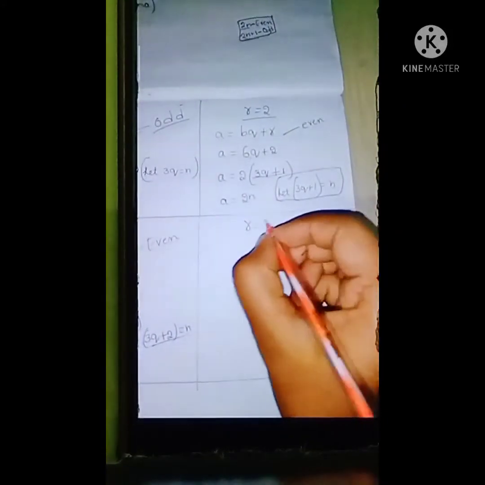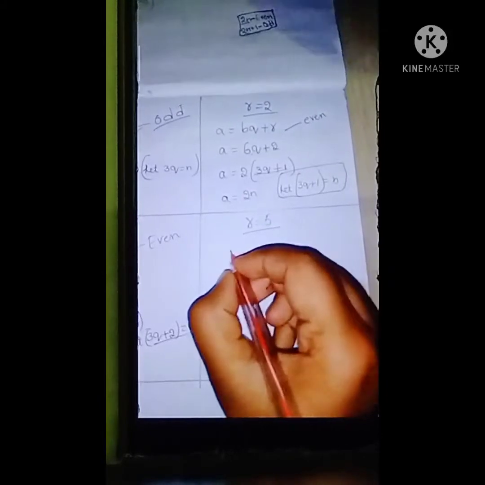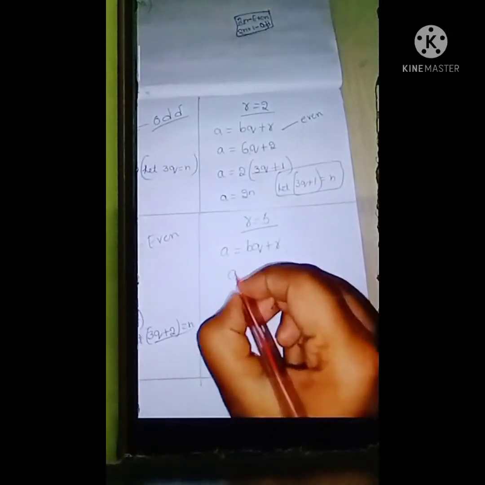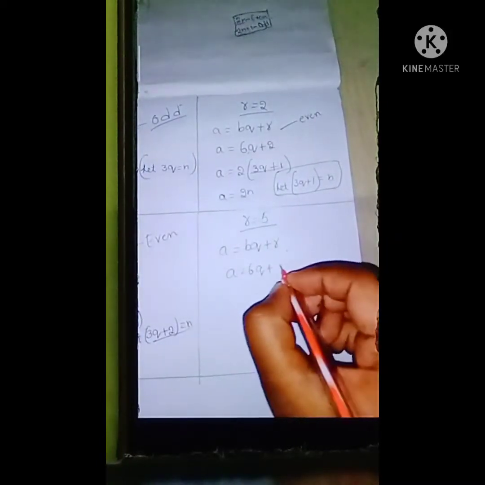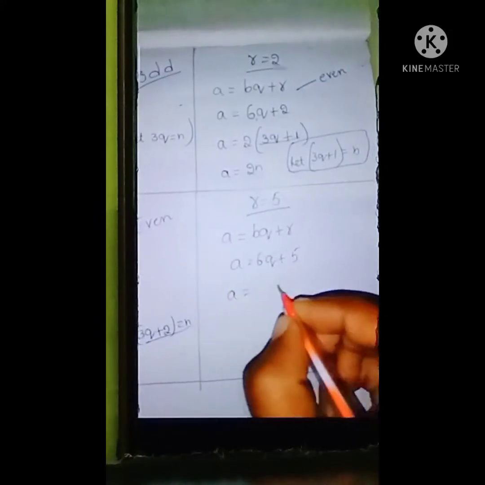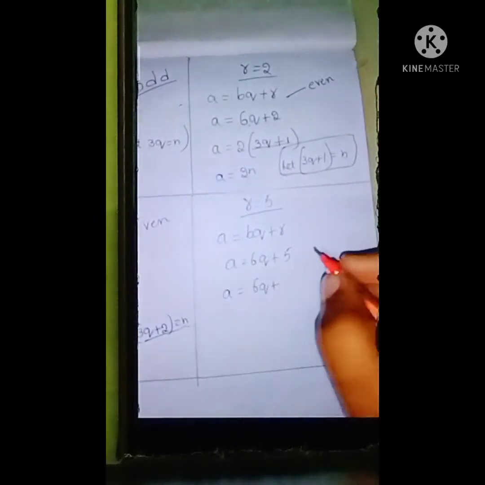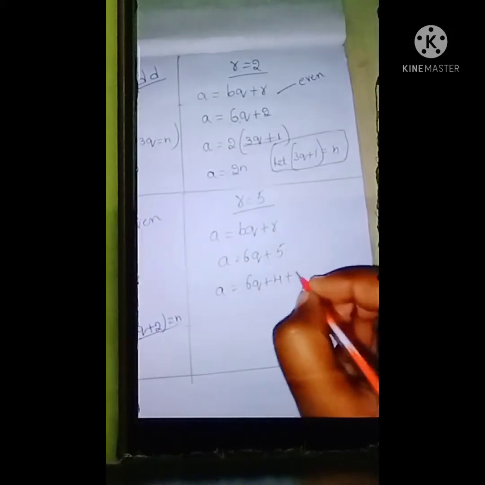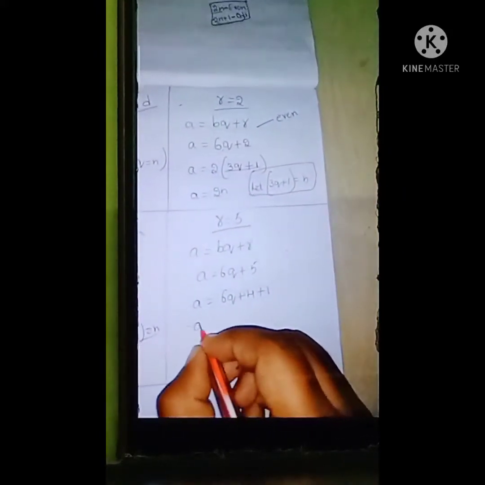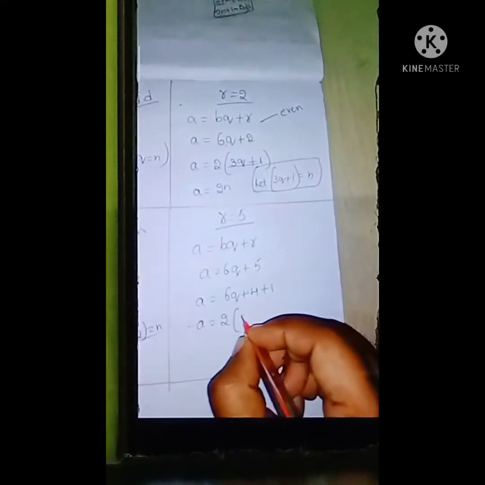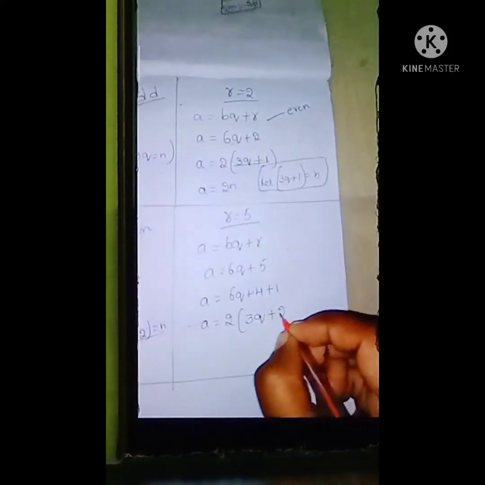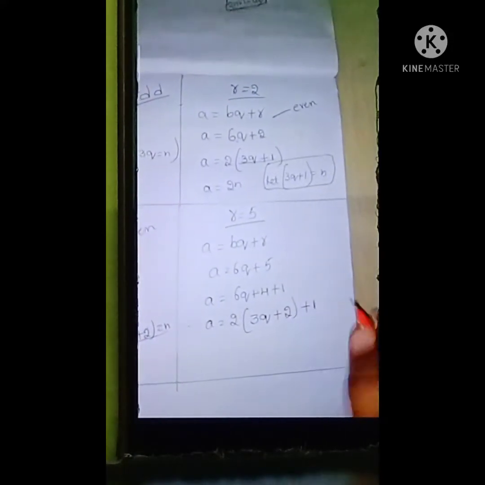Now we have the last one, that is R is equal to 5. A is equal to BQ plus R and A is equal to 6Q plus 5. Now write A as 6Q plus 4 plus 1. Take 2 as common: 2 into 3Q plus 2, and 1 is left over.